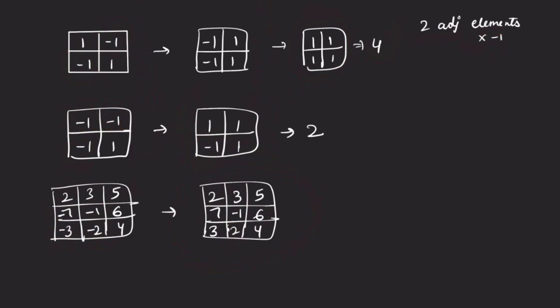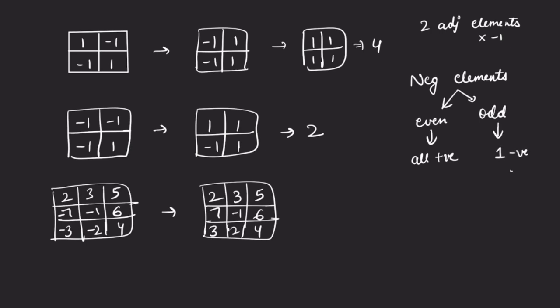So we have concluded two things: when the number of negative elements is even, we are able to convert all the elements to positive, and whenever the number of negative elements in the matrix is odd, there is always one negative element remaining. So this is the conclusion.